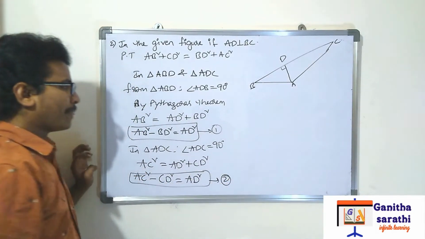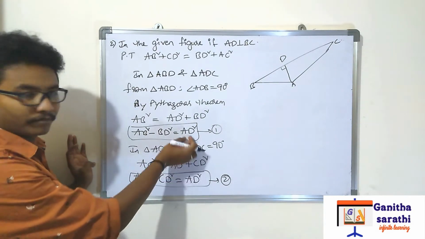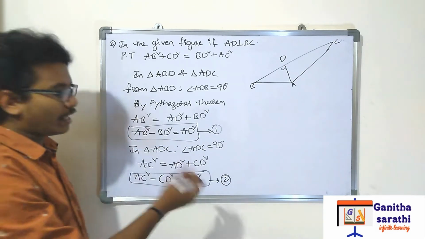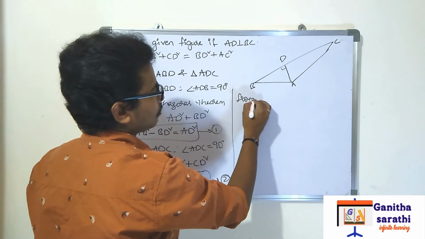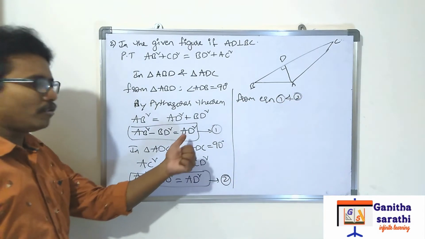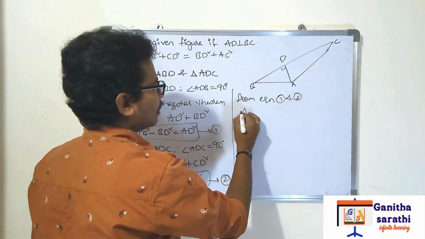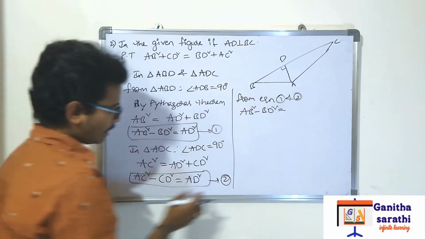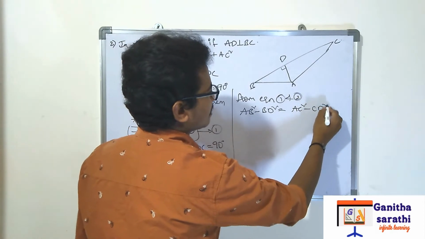Now see here, equation 1 and equation 2 both are equal to AD square only, right? So now we can equate 1 and 2. On the right hand side we are getting AD square, so you can equate AB square minus BD square is equal to AC square minus CD square.